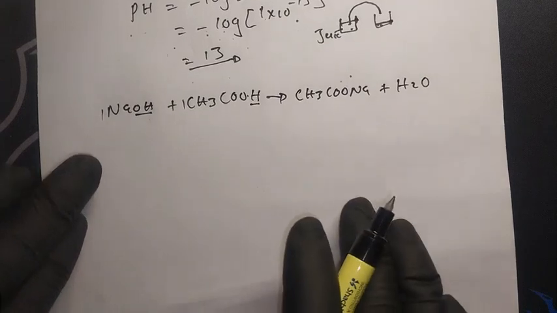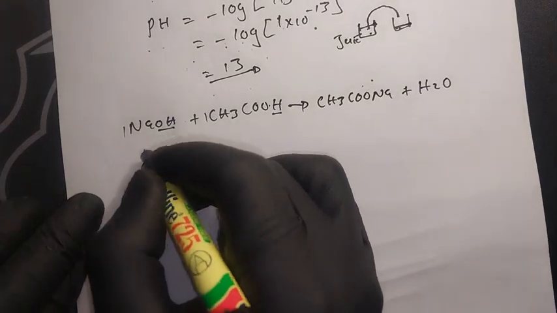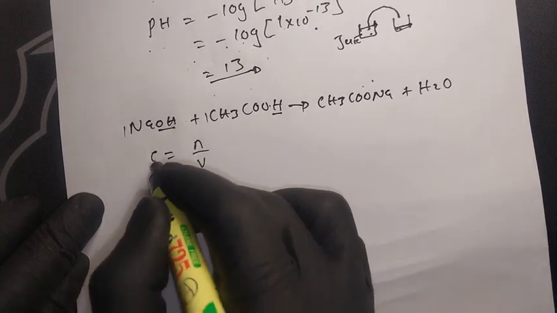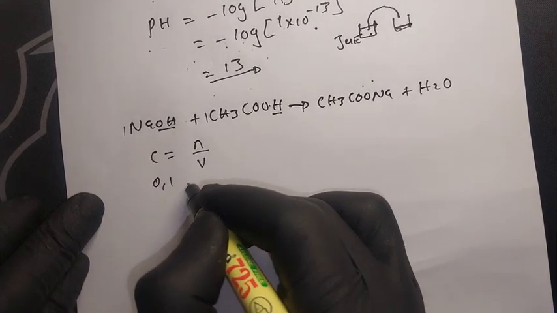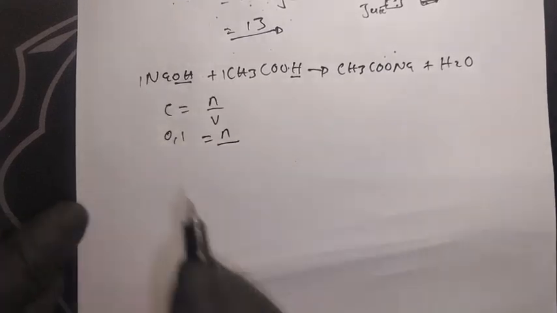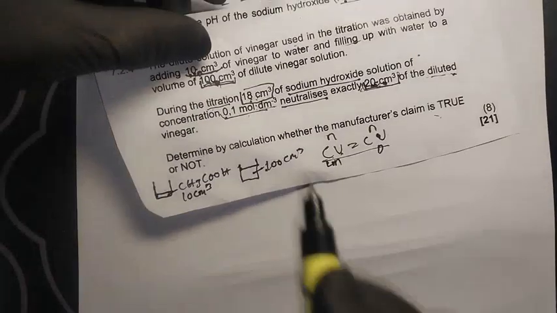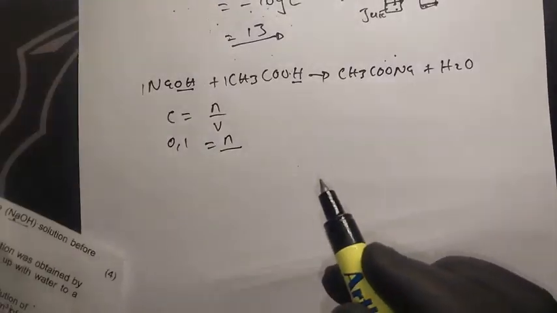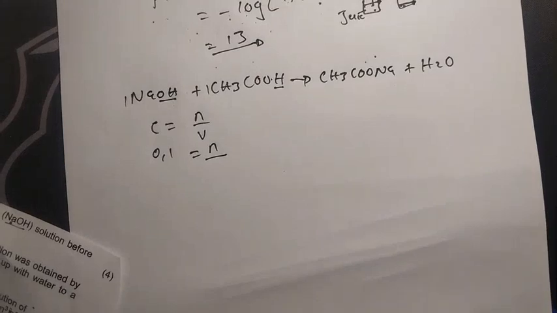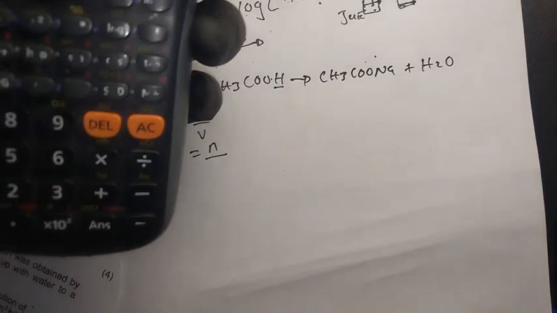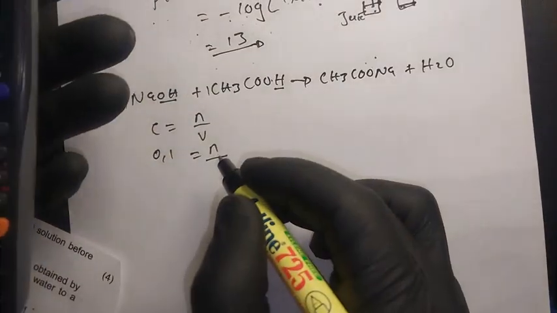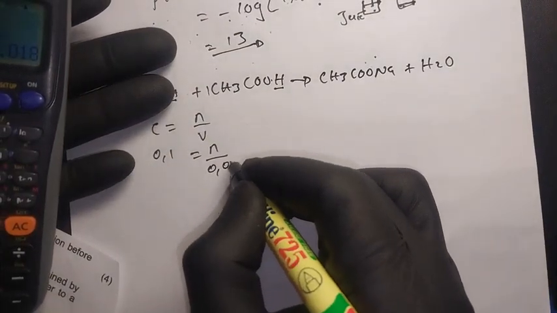Now we say C equals N over V. The concentration is 0.1, and this equals N over the volume of this sodium hydroxide. They said 18 centimeter cube, and converting that to decimeter cube is 18 divided by 1,000, which gives you 0.018.